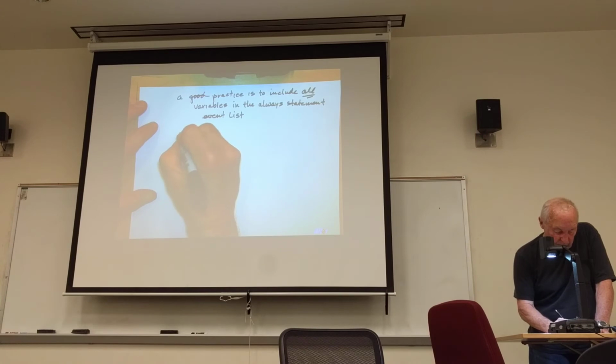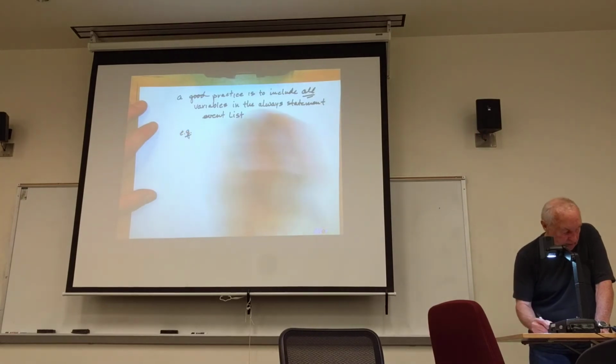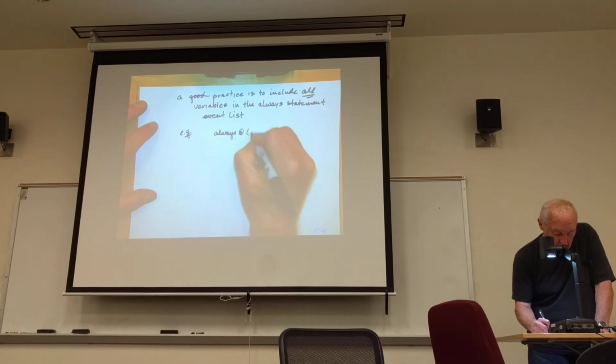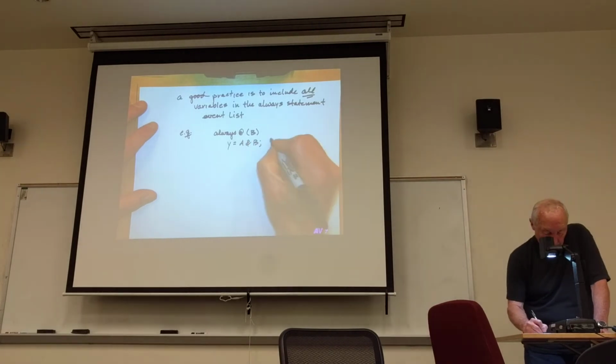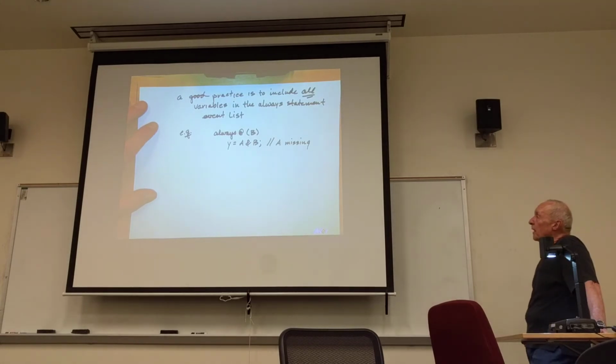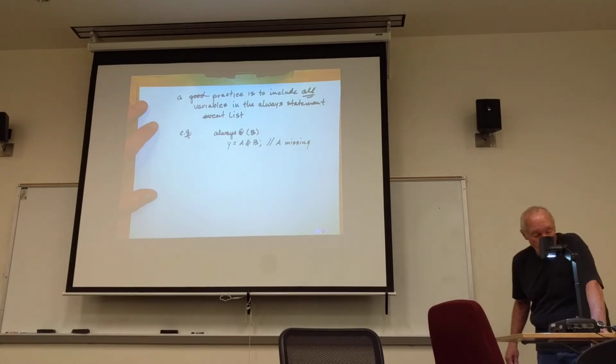I want to show you an example here. Let's suppose I did the following. And in this particular case, A is missing from that event list.